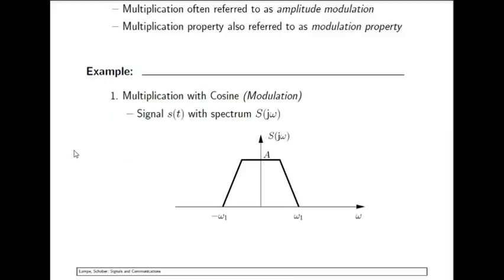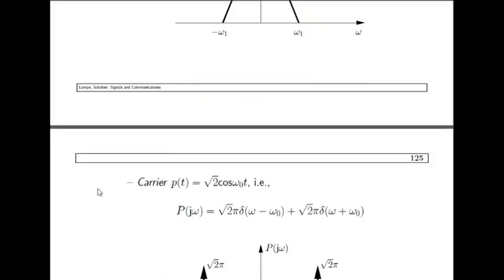Multiplication with cosine. The first thing is modulation, in which I am going to multiply signal s(t) with a cosine. I have a signal s(t) whose spectrum in the frequency domain looks like this, and I have a carrier signal, which is a term used in the modulation scheme, which you will learn more about in the principles of communication course.